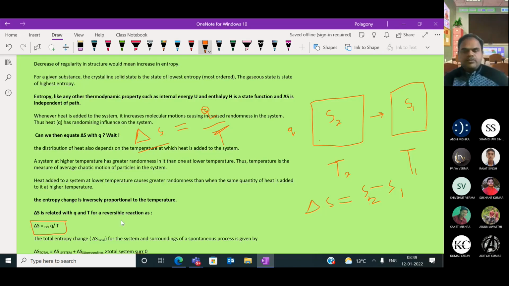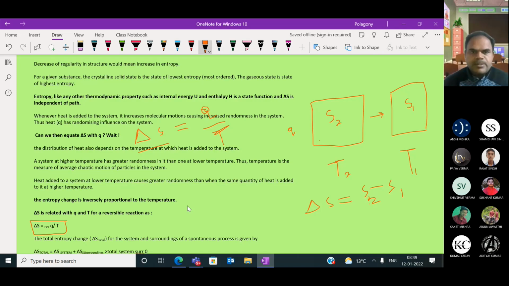Now one important point we have to discuss, a very important concept, is why this is the main concept in the second law of thermodynamics. We are talking about the second law of thermodynamics, which talks about entropy change, which is inversely proportional to the temperature.